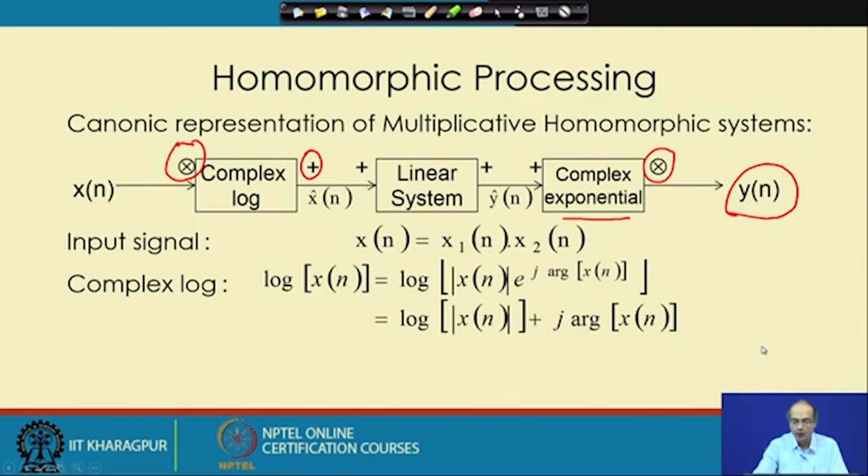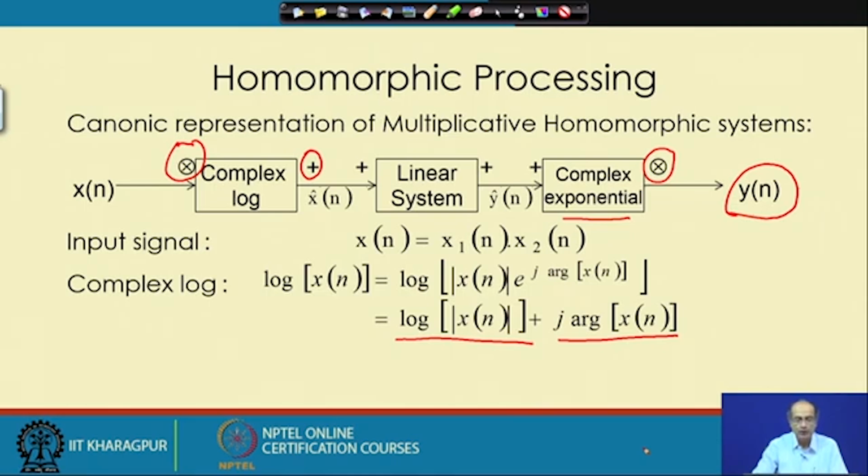When we take the log, we get the log of the absolute value as the real part, and the angle as the imaginary part. So, that is the output of the complex log.